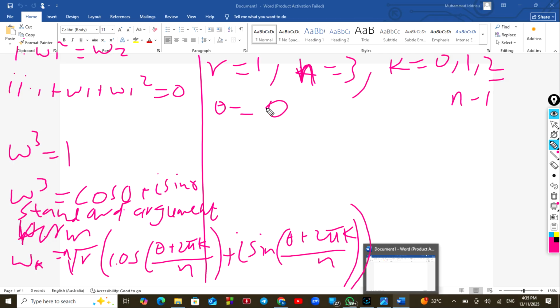Our theta is equal to 0, since if we write this complex number in polar form we have cos 0 plus i sin 0.